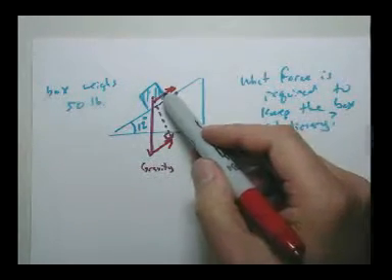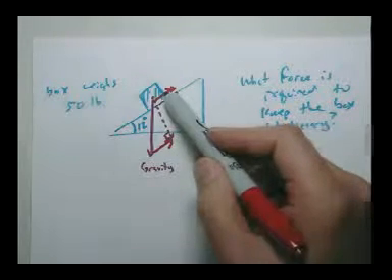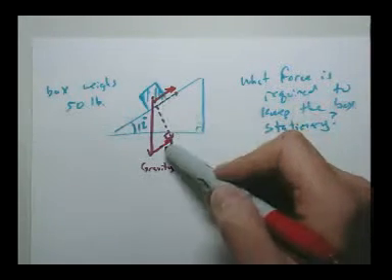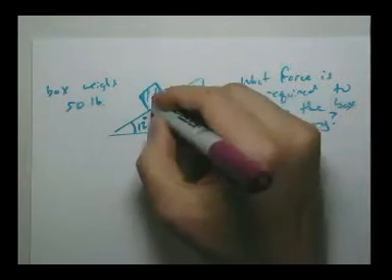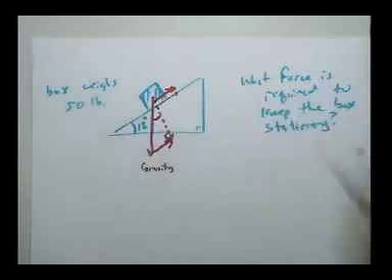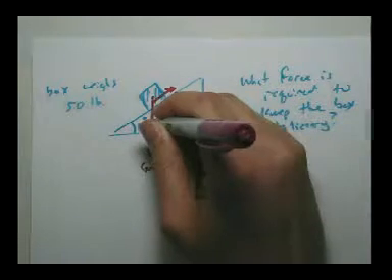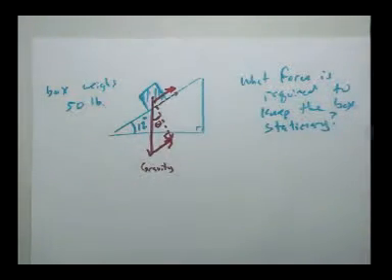In order to make the triangle, I start with this vector, and then to make the triangle, I drop the vector down here. So we need to know this angle, and we will call it theta.